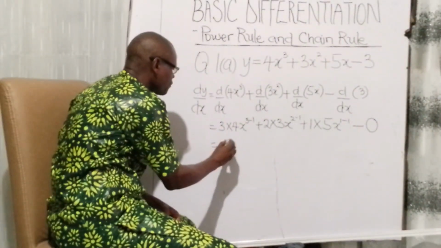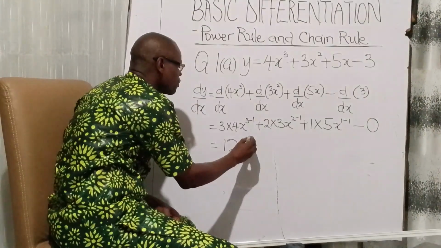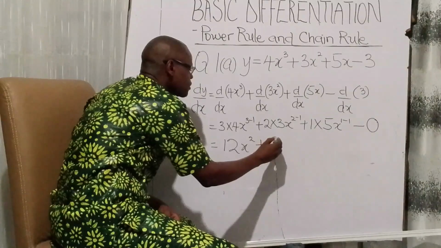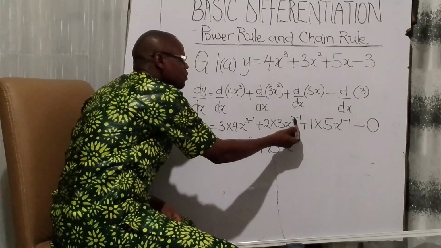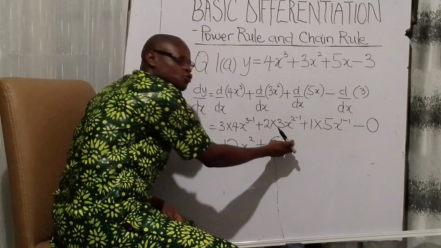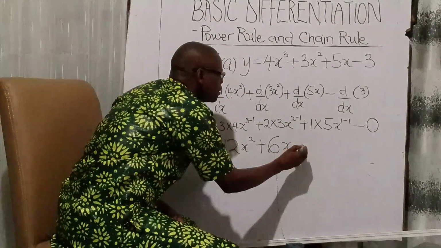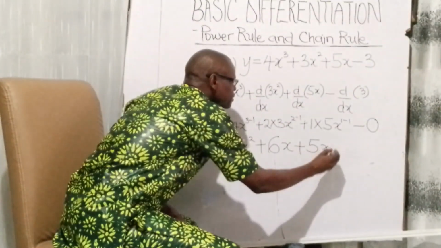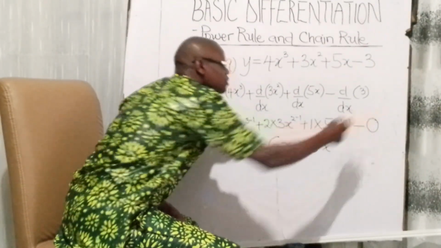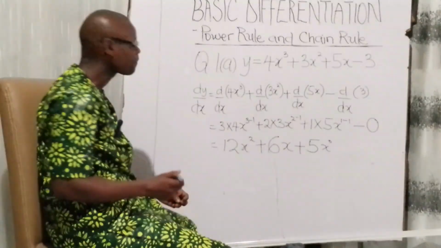This is 12x raised to power 2, plus this is 6, and here this is x raised to power 1, so we don't need to write the 1, plus 5x raised to power 0, and this one is gone.